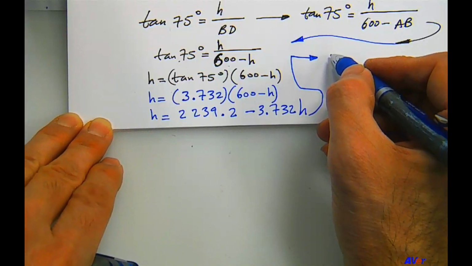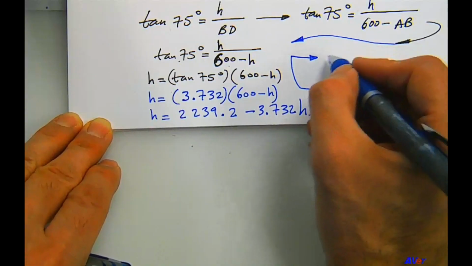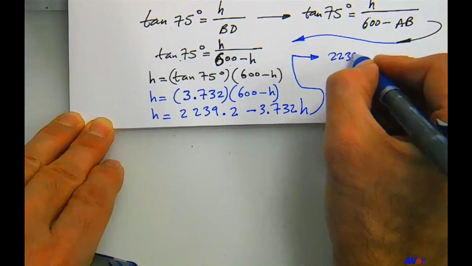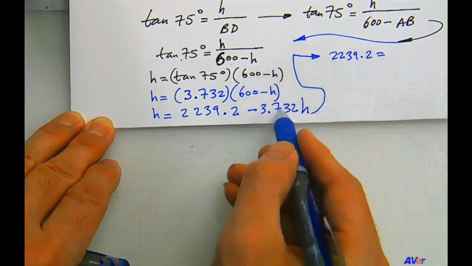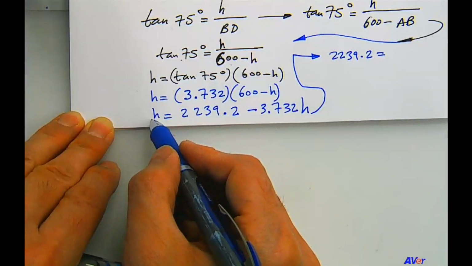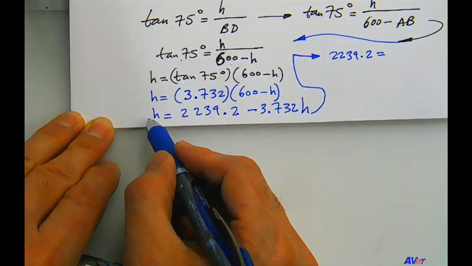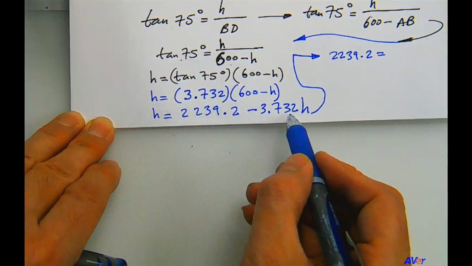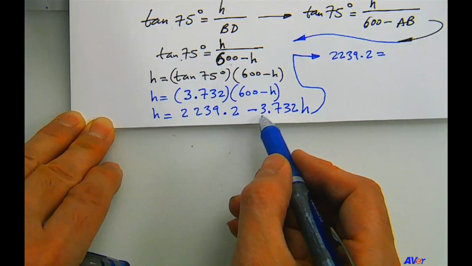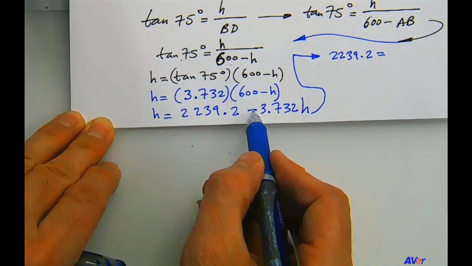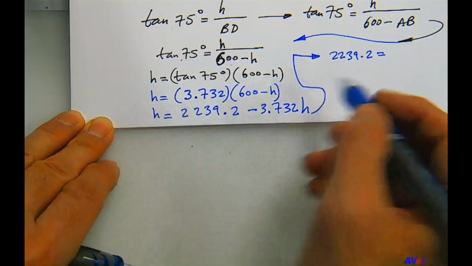So then we have h, let's see, so let's combine. We have 2239.2. Move this to the other side and add it to this. The coefficient here is 1. So 1 plus 3.732, when you move this, this is going to be positive, right? On the other side, it's going to be positive 3.732.